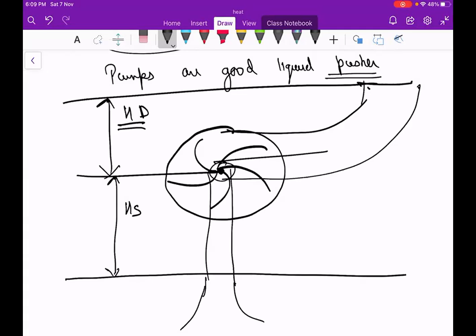By seeing the position of this impeller, can you tell me where it will be moving? Will it move clockwise or anti-clockwise? This is the position of the impeller.